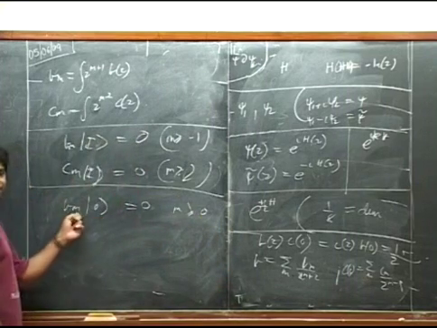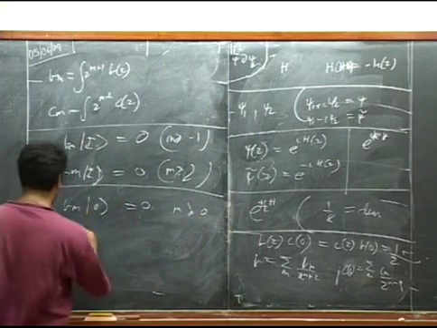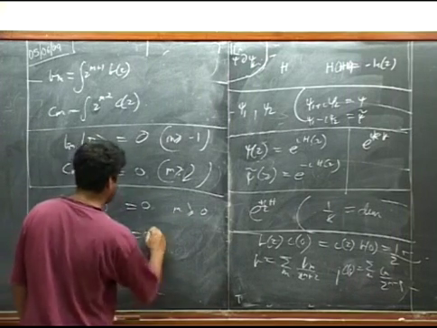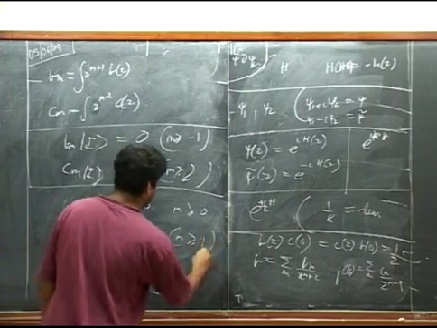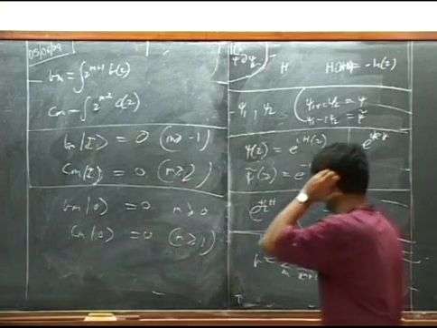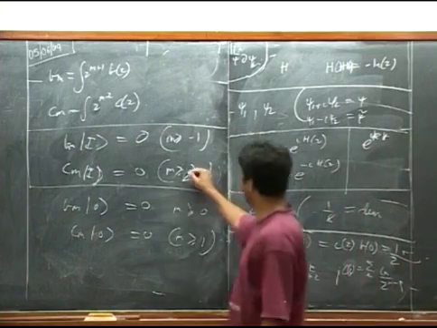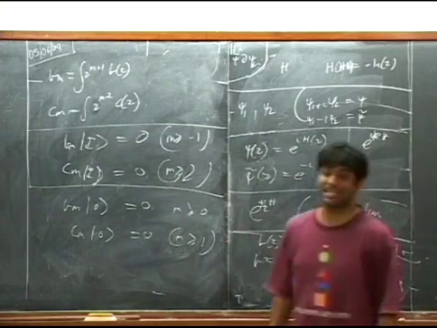Our convention was that in the 0 sector, Bn on the vacuum is equal to 0 for m greater than or equal to 0, whereas Cm on the vacuum is equal to 0 for m greater than or equal to 1. Okay. Now, compare these two statements and tell me what state is due to.